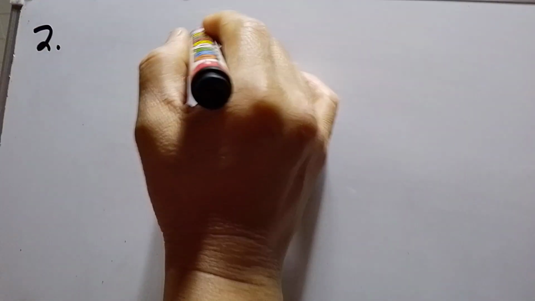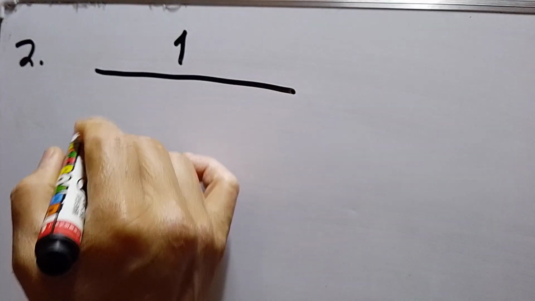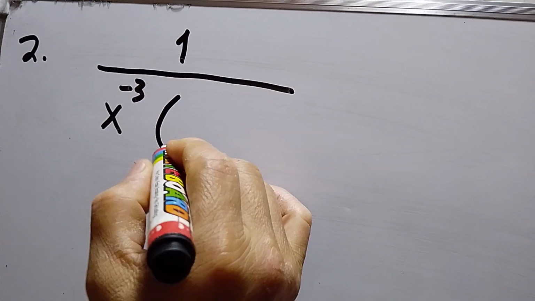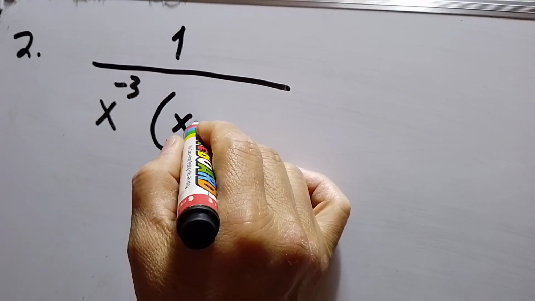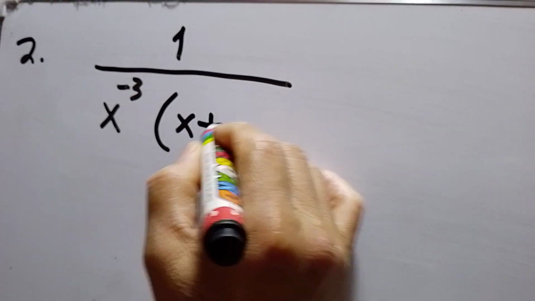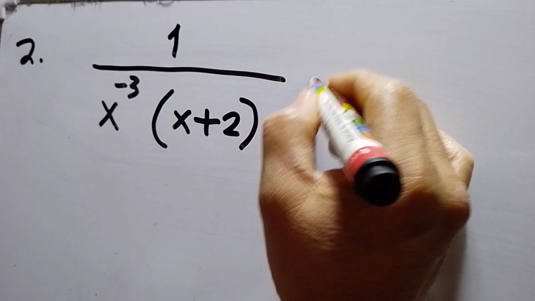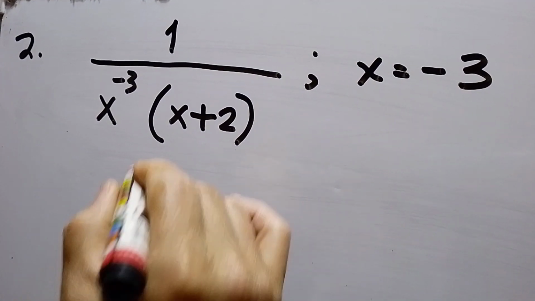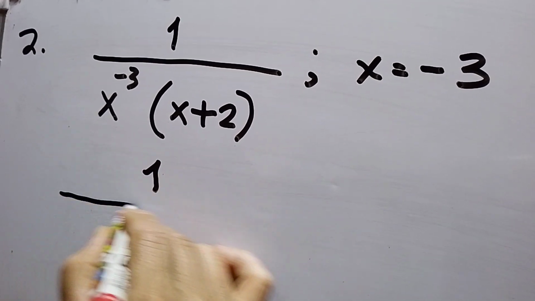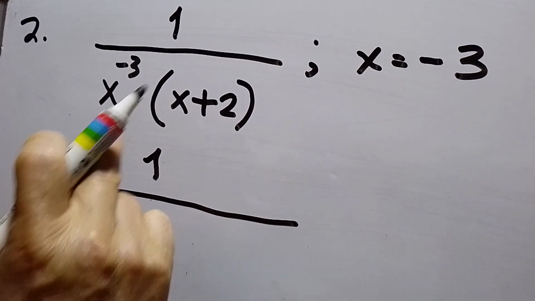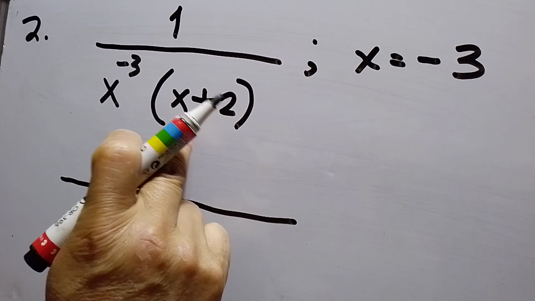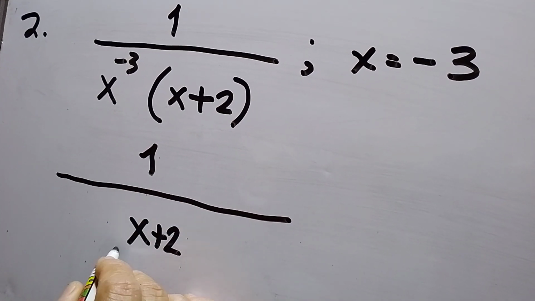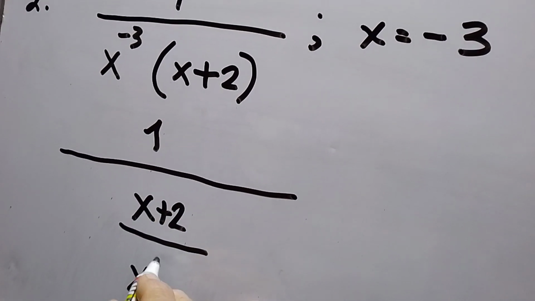Number 2 example. 1 over x raised to negative 3 times the round brackets x plus 2, where x is equal to negative 3. So this 1 will be in the denominator for this term. So this will be x plus 2 over x cubed.